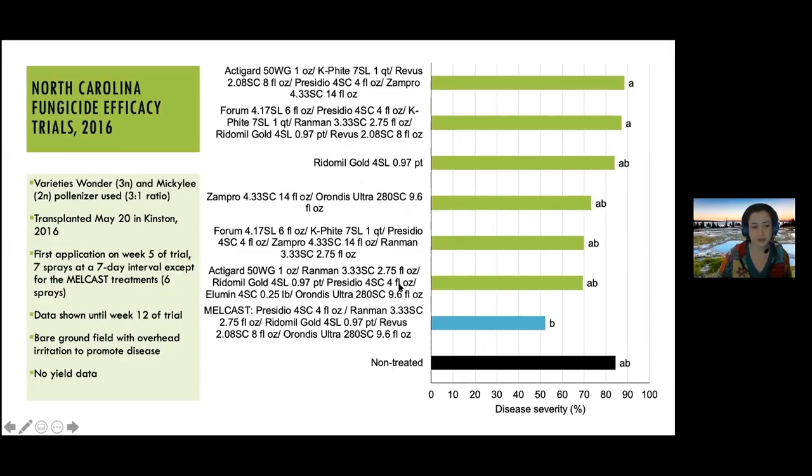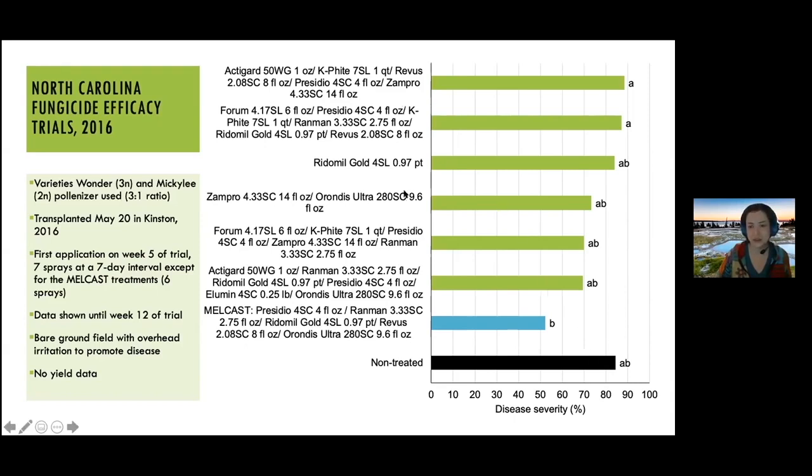This data is at week 12. We started spraying at week 5 and did it weekly, or based on what MELCAST would say, because MELCAST changes the timing of your application. This was a bare ground field. It had overhead irrigation, and we actually inoculated this because this was at a research station. So this was a tons-of-disease type situation, right? Hopefully you would never have this in your own fields.